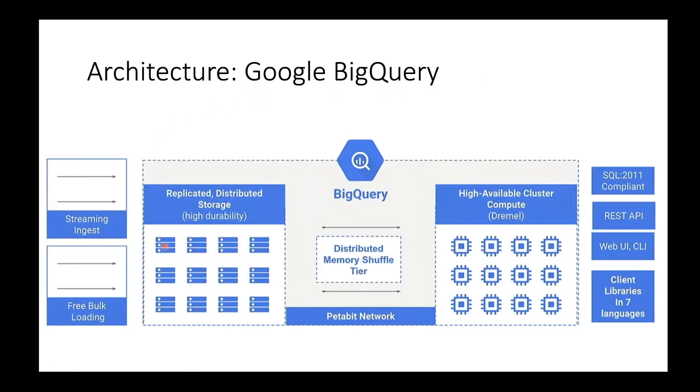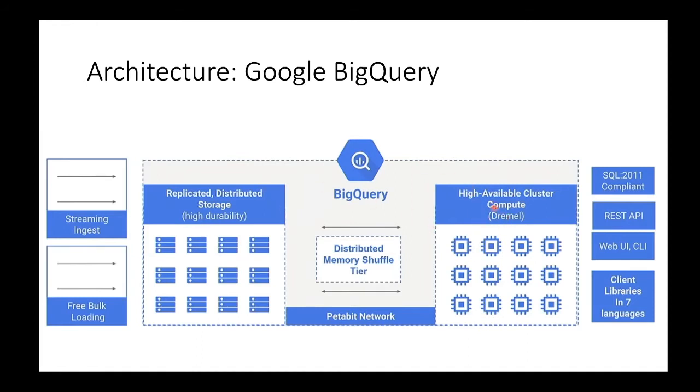At a high level, you have a serverless solution that's managed fully by Google. There's a compute element and a storage element, connected by a very high performance petabit network. Historically, BigQuery is basically an externalization of the internal solution that Google had.